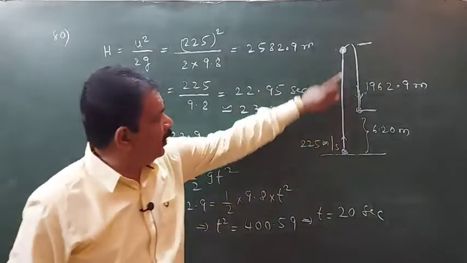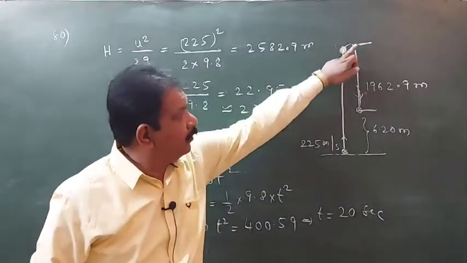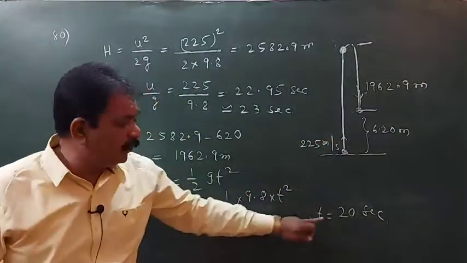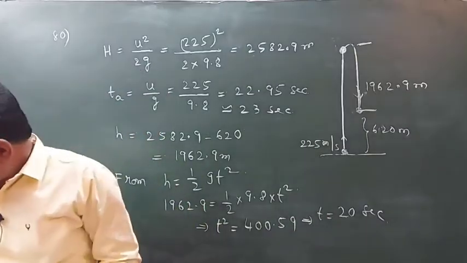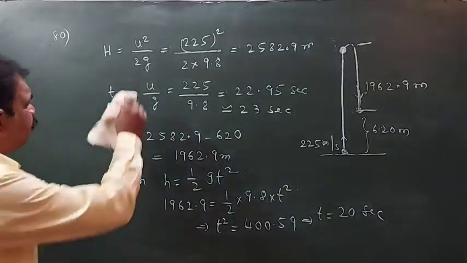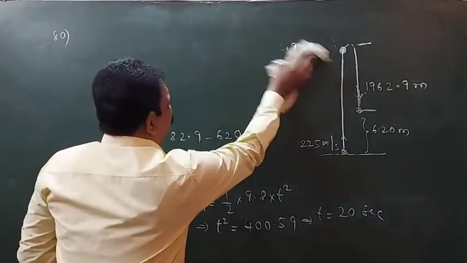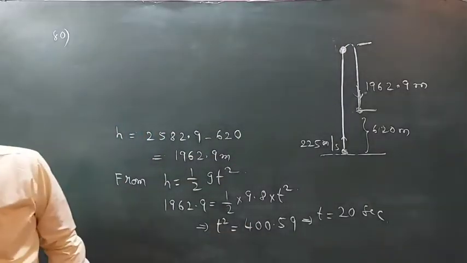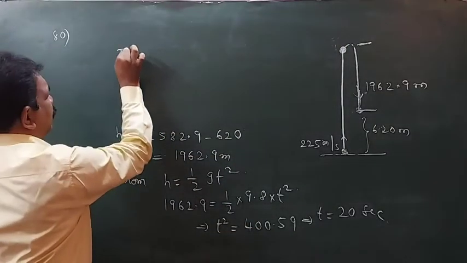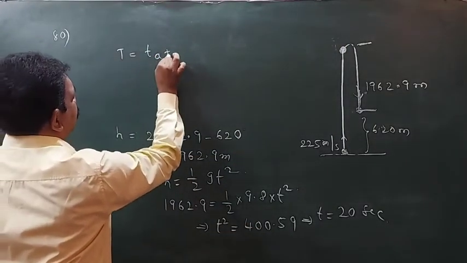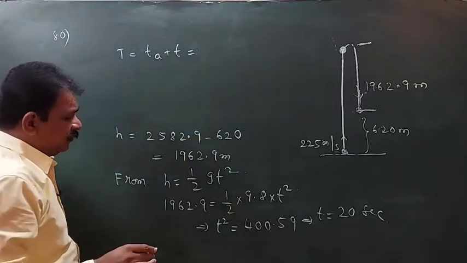Then here to here time will be 23, and here to here time will be 20. Total time means what will happen? Capital T is equal to T_A plus t.